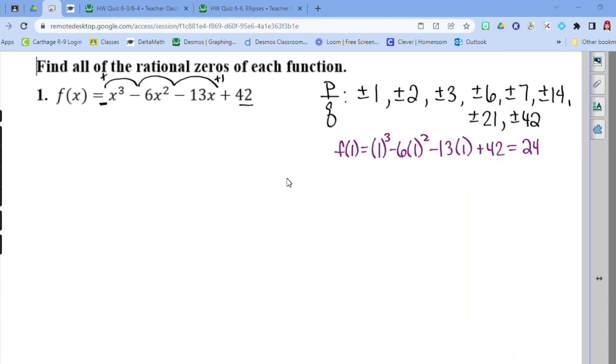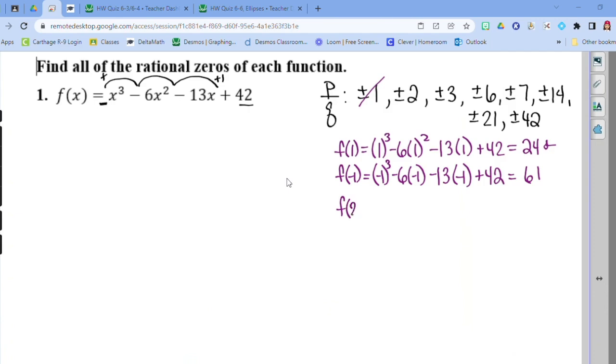That tells me that 1 is not one of the zeros because I should get 0 here if it was a 0. So next I'm going to try negative 1. Negative 1 cubed minus 6 times negative 1 squared minus 13 times negative 1 plus 42, and that gives me 61. Still not 0. So positive and negative 1 are out.